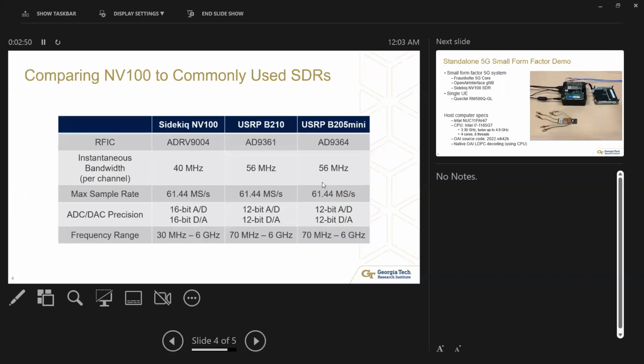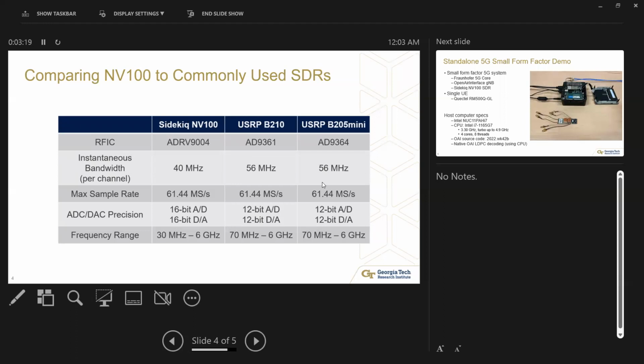Comparing it to some stats of commonly used radios in the OAI community, I know the USRP B210 is a very commonly used one. I also included on these slides the B205 Mini, a smaller form factor that NI Ettus has produced. But the NV100 is comparable to these two. It has 40 megahertz of instantaneous channel bandwidth, comparable to the B210, although I know the B210 has the 3/4 sampling rate working with 5G standalone mode.